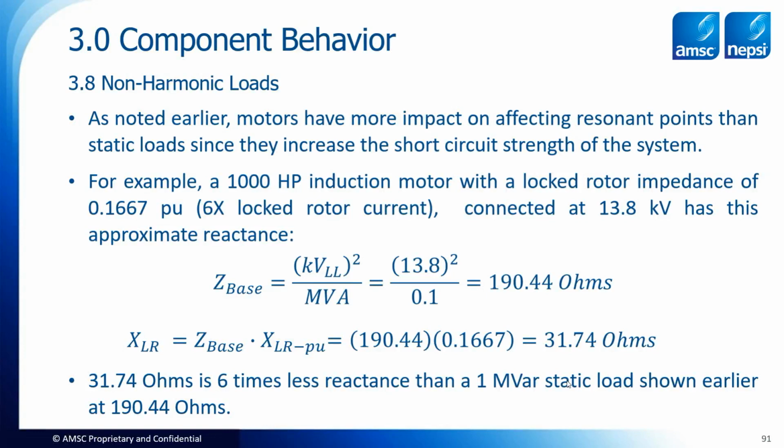If we fall back on the simplistic approximation of 1 horsepower per kVA, 1 to 1, which is very approximate because the power factor and the efficiency get involved, but you can assume for induction motors, just for example purposes, that there's 1 horsepower per kVA. So these are equivalent loads. You'll notice that a 1 megavar static load has 190 ohms. That is 6 times. So for the same amount of static load, in this case for this locked rotor, which is 6 times, you'll find that the induction motor will have 6 times greater impact than the load.